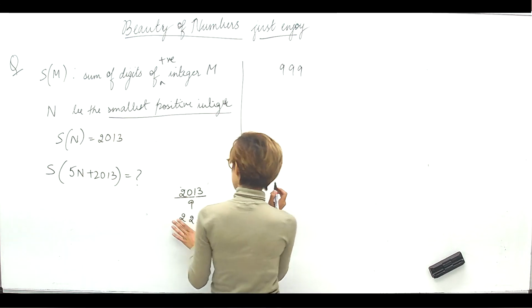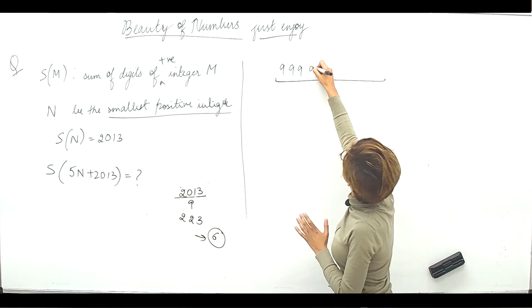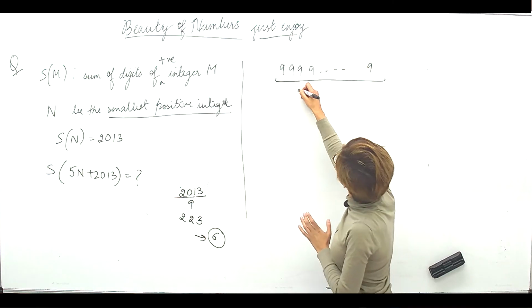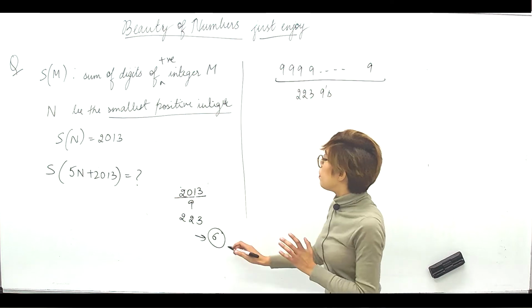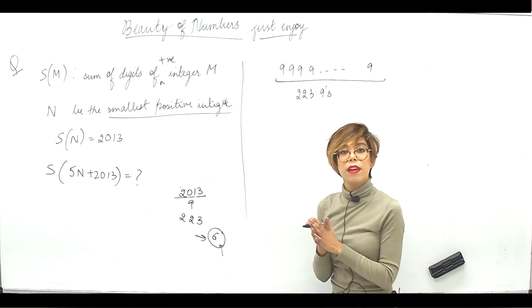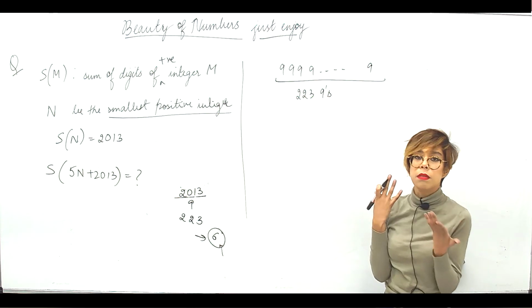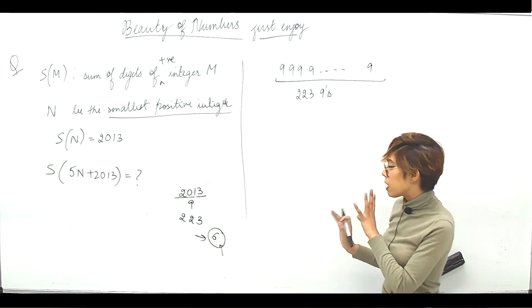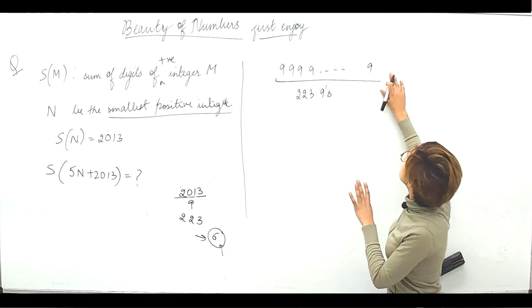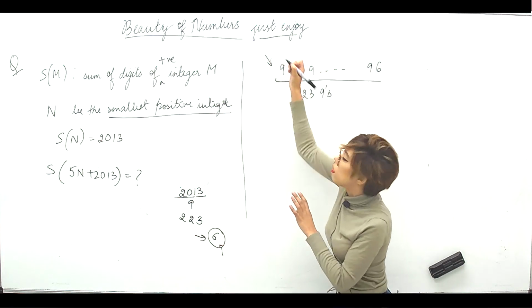Right, so that means I will take 223 nines. Now the remainder is 6. That means I need to bring 6 more, right? Now I'll take only one digit, because I don't want multiple digits, my number would become bigger. So one digit 6. Now tell me, should I put 6 over here or over here?